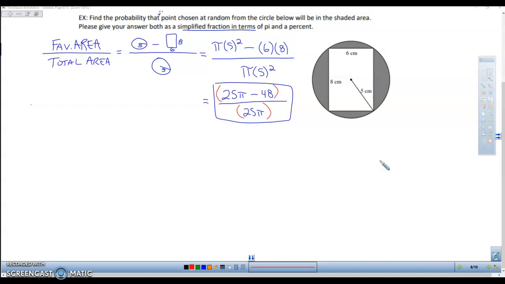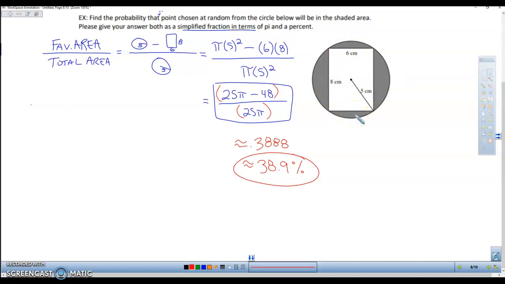And I get approximately 0.3888, which is approximately 38.9%.